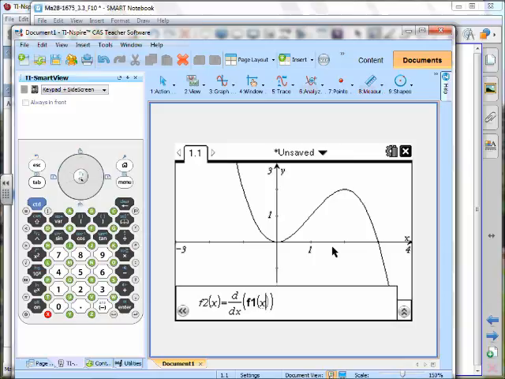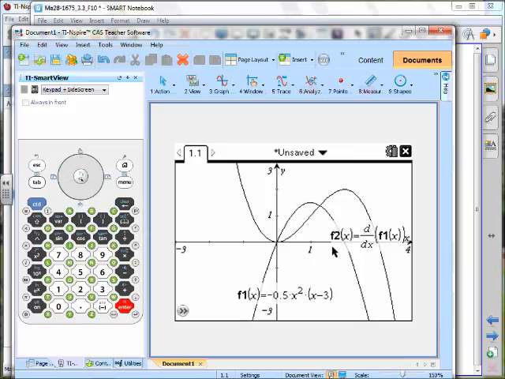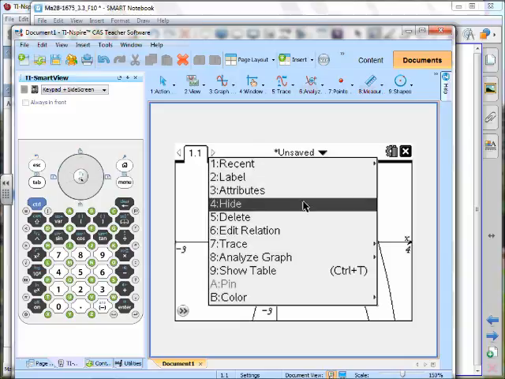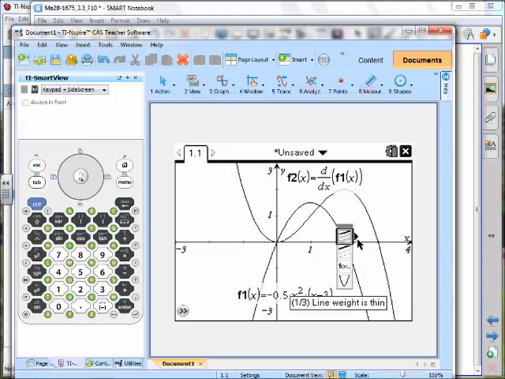We'll let it do all the work for us. Okay, and I'm going to change the attributes. I'm going to change mine to be, we'll do that. Okay, there's my derivative. Is that what we determined it to be? Okay, let's do one more thing.